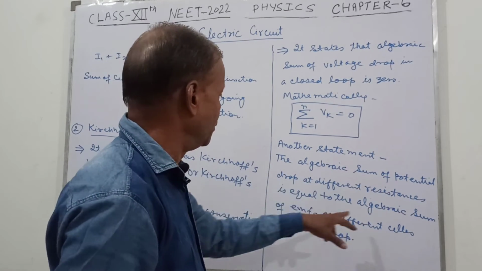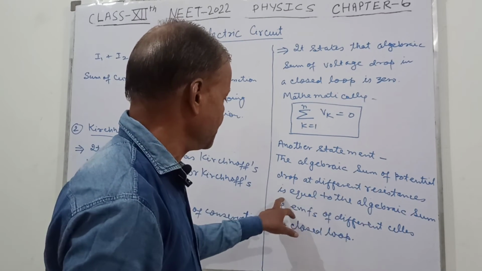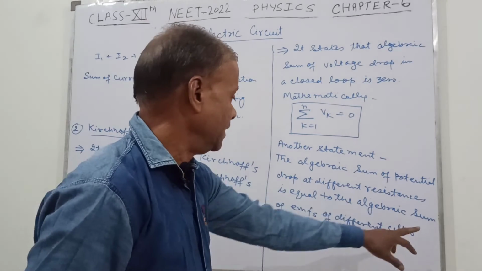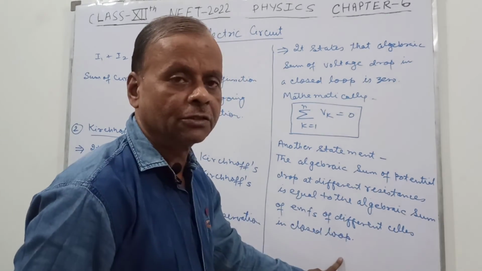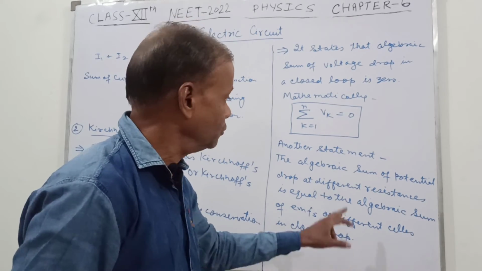The algebraic sum of potential drop at different resistances is equal to the algebraic sum of EMFs of different cells in the closed loop.